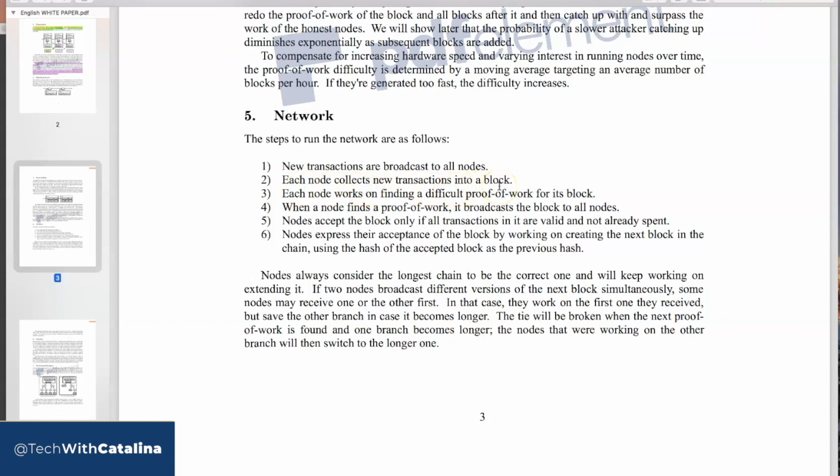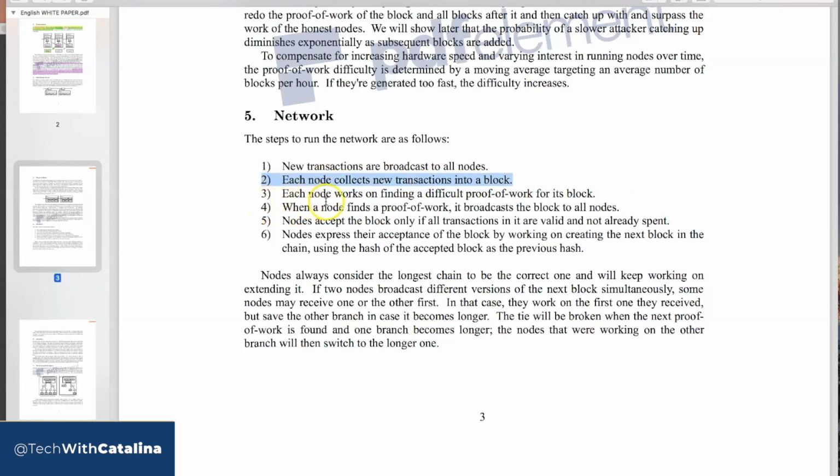As we said before, the miners are in a competition and they are creating a candidate block in order to extend the blockchain and mine it. And they are going to go to the mempool, the Bitcoin memory pool, where all the transactions that have not been confirmed yet are hanging in there, so to speak, and they are going to collect the transactions and put them in a block, as Satoshi is describing here.